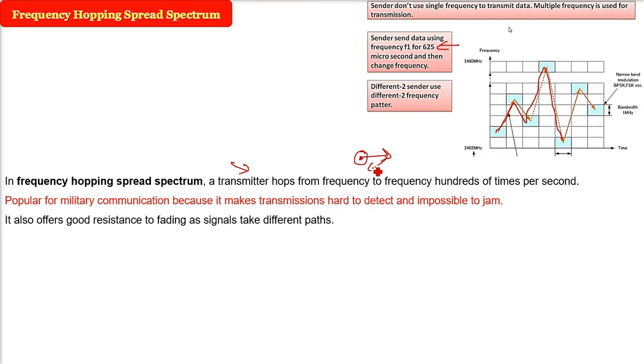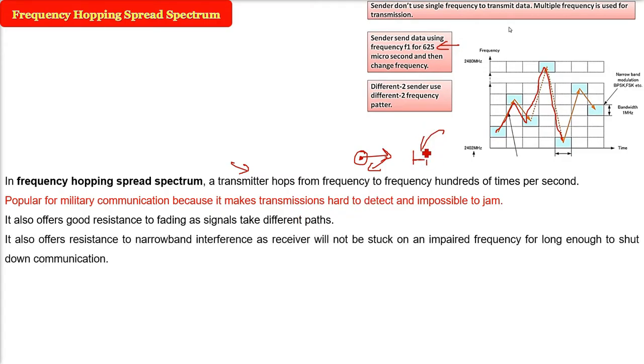Because it is changing, it also offers very good resistance to fading, as signals may take different paths, so multi-path fading is less. And if a particular frequency is affected by something, maybe jamming, or maybe it is absorbed by rain, for example.